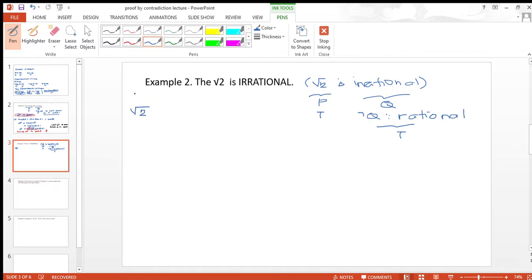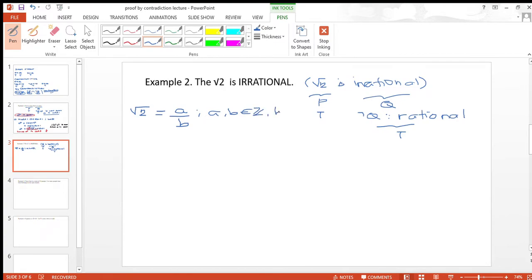If square root of 2 is rational, then square root of 2 must be expressed as a over b. What's a rational number again? A rational number, from the term itself, ratio, is a number that can be expressed as a fraction of two integers.